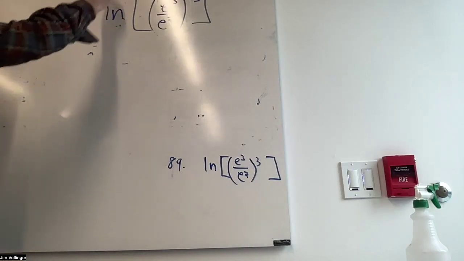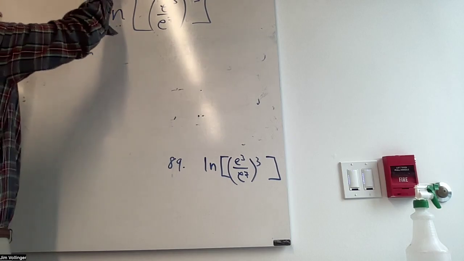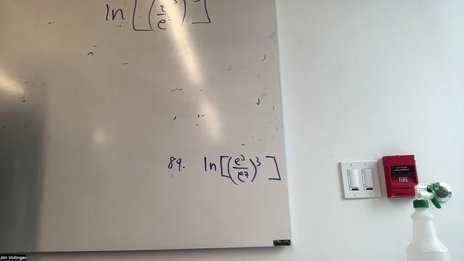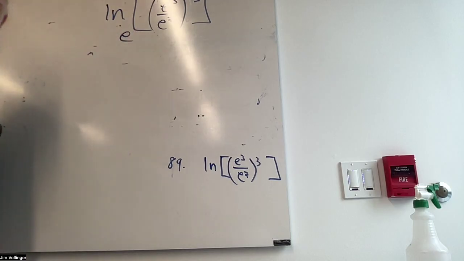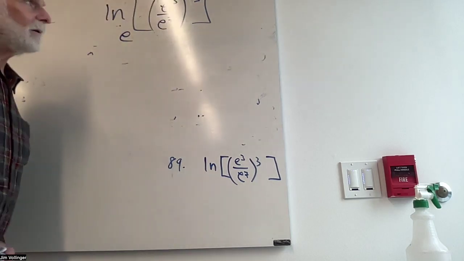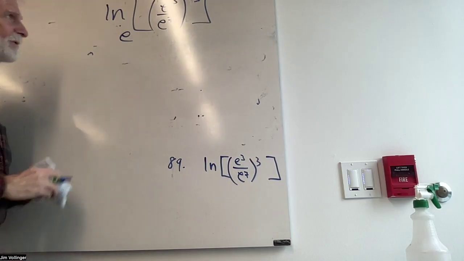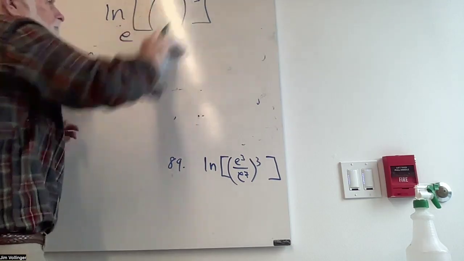Okay, so the first thing I see is a command, ln. Well, that's called the natural log, but it's still a logarithm. And it's such an important one, we don't write the base, but it's base e. Well, I got a lot of exponential activity, base e activity here. Can we simplify it? Absolutely. e to the 3 over e to the 7 is e to the -4.